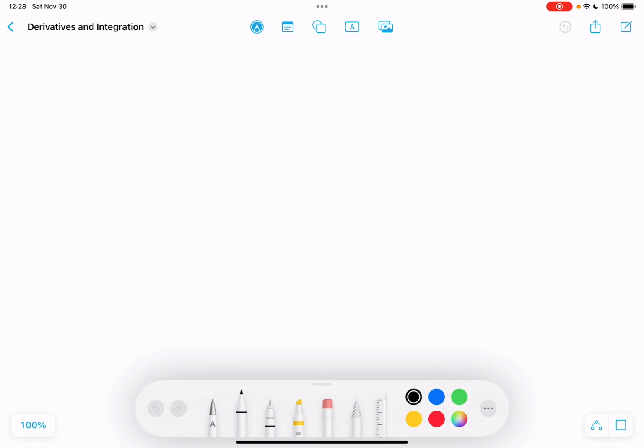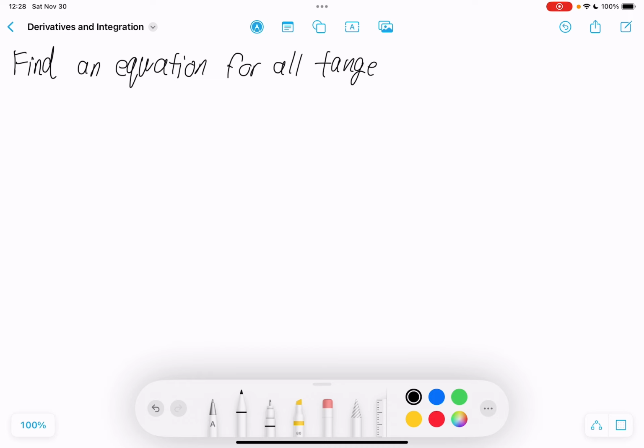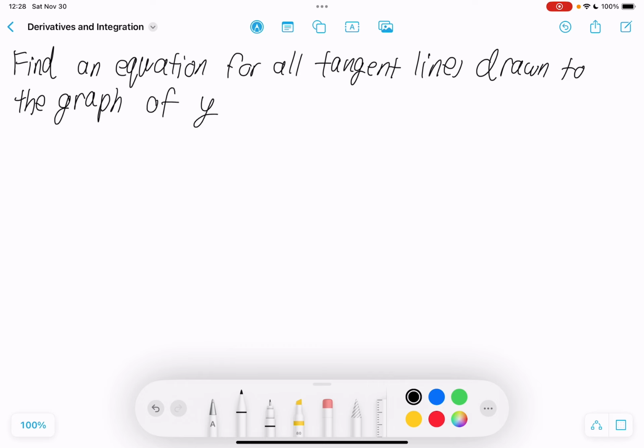It says, find an equation for all tangent lines drawn to the graph of y equals 1/2 x squared plus 3x plus 3 from the point (0, 1).